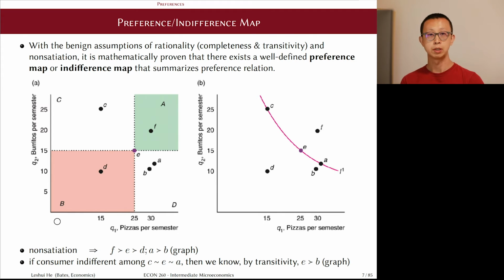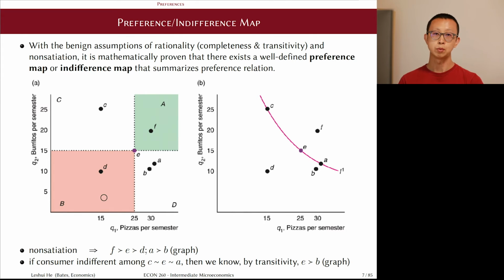When it comes to lunch choices, people may prefer different combinations of pizzas and burritos. And as different combinations of possible lunch choices, we might imagine someone consuming a lot of pizza and not that many burritos, or a lot of burritos and not that many pizzas, or a lot of pizza and a lot of burritos, or not much of either one.